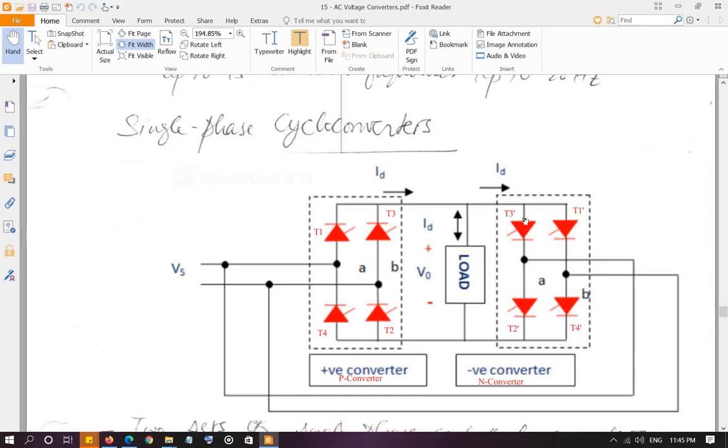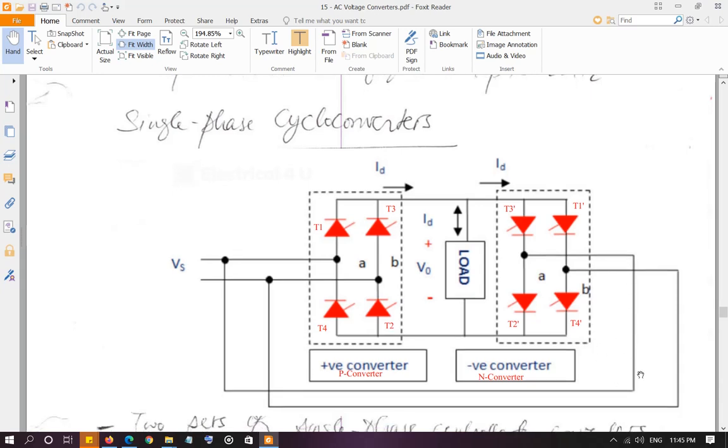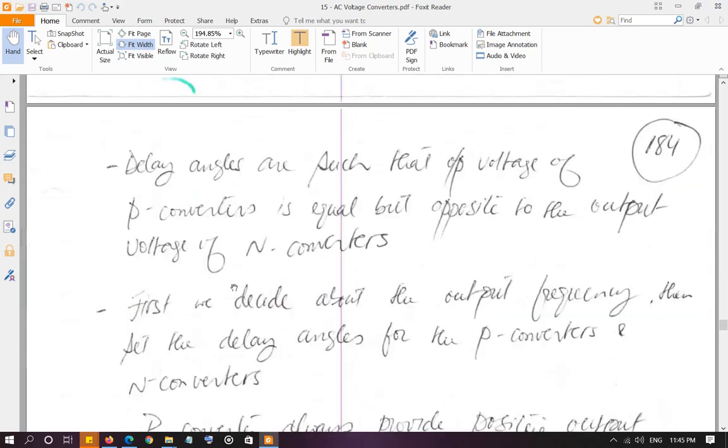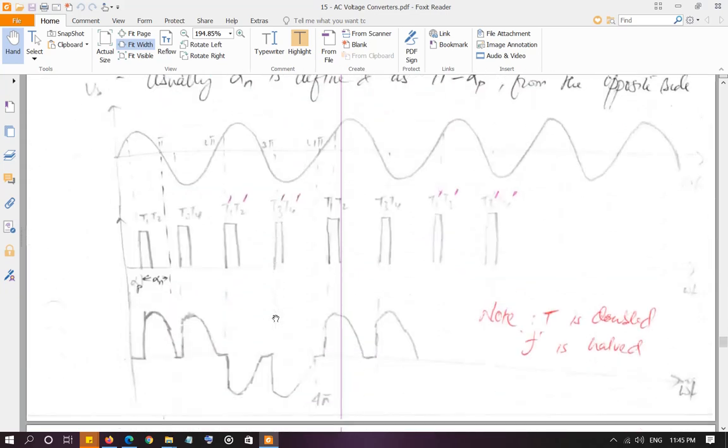And then T3 dash is on, so go through T3 dash, go back to the positive side. So for the second input cycle, both positive and negative produced negative at the output, right?